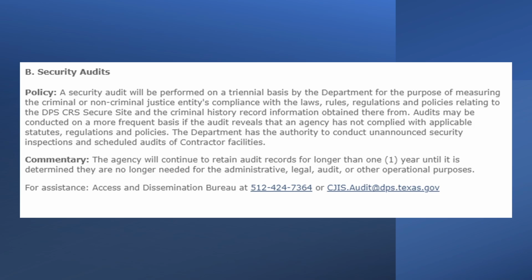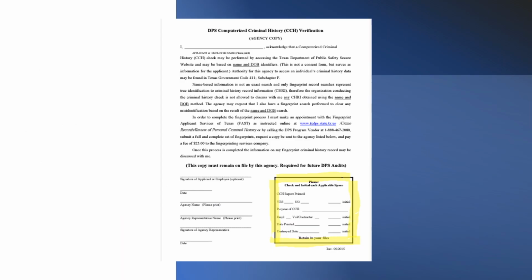Okay, so we have already talked about the rules and regulations and about the sensitive information of the criminal background results that's ran through the Texas Department of Public Safety website. The Texas Department of Public Safety website also has a DPS computerized criminal history CCH verification form that they want you to fill out for every person that you run a criminal background on.